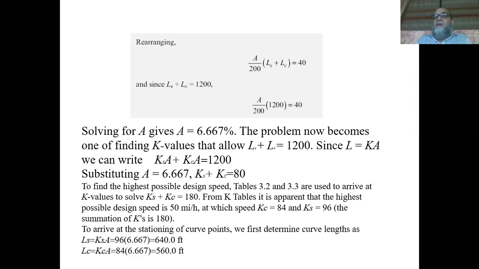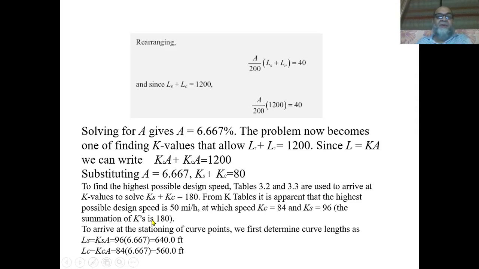So this is not going to solve the problem. So using our intuition, using our guess, we compromise on one speed such that if we add these values of Ks and Kc, this becomes 180.